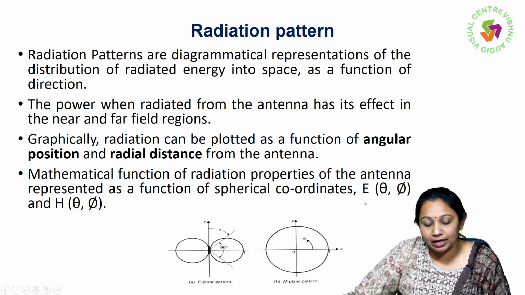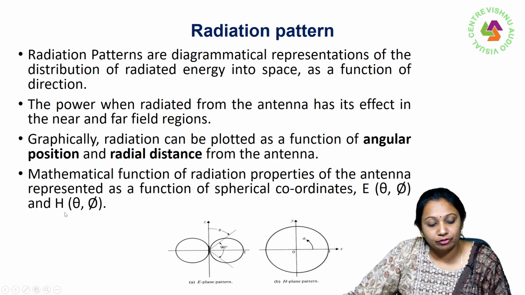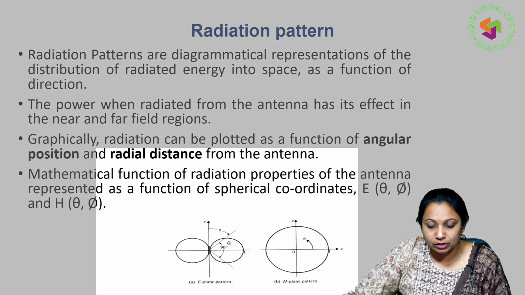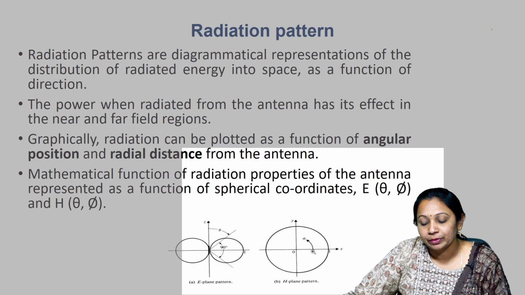The electric field is written as E of theta comma phi, and the magnetic field as H of theta comma phi. This is the E-plane pattern, the electric field pattern of the radiation pattern. The second one is the magnetic field pattern of the radiation pattern.